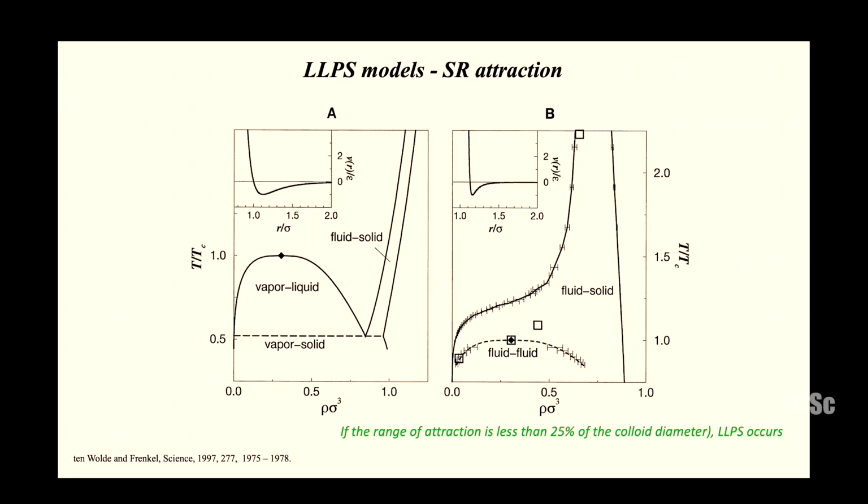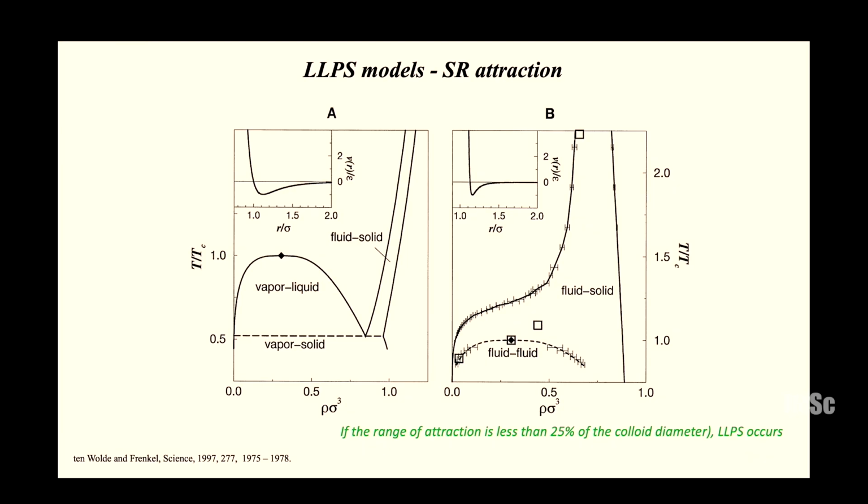What you see on the left-hand side is the phase diagram predicted for a Lennard-Jones potential, between a pair of colloids. Here we have temperature in reduced units, and here density in reduced units. You see the classical vapor-liquid equilibrium, a solid-liquid equilibrium, and a vapor-solid equilibrium. It's very typical of any molecular fluid.